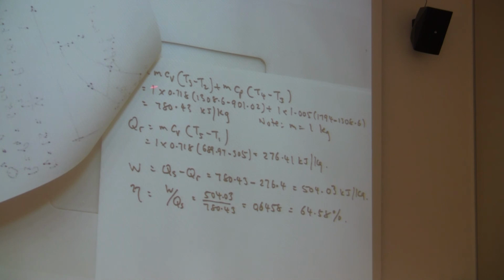Now I have heat supply, heat rejected. Where is my heat rejected? Q2 is mCv (T5 minus T1). That's T5 minus T1 in this formula. So heat rejected is here. Work done is the difference of heat supply and heat rejected. So the efficiency is here.